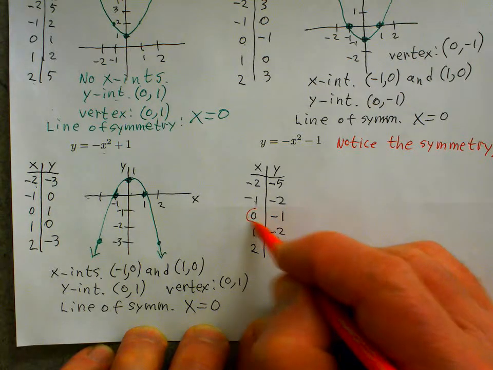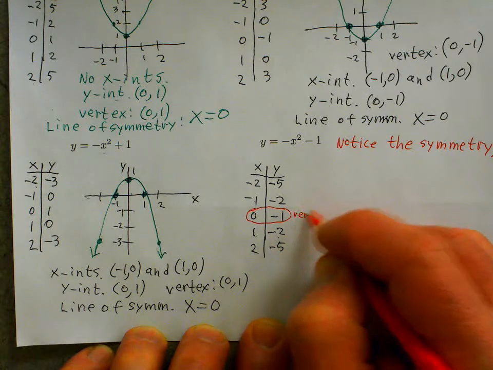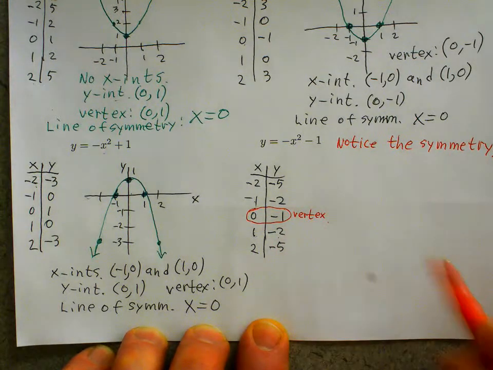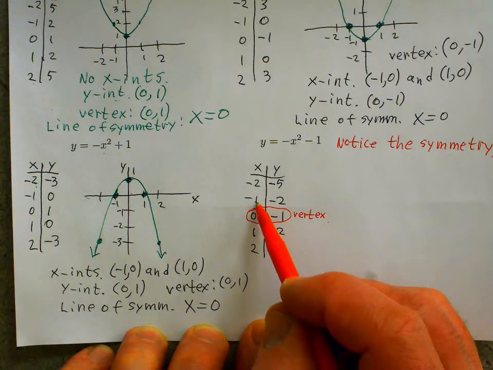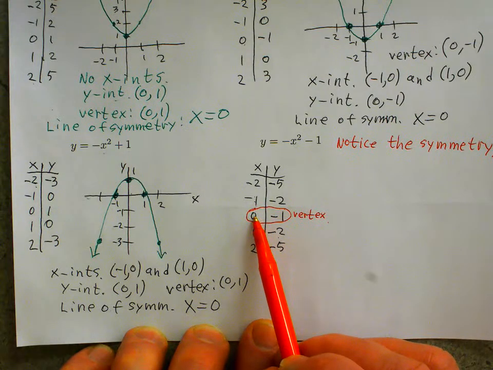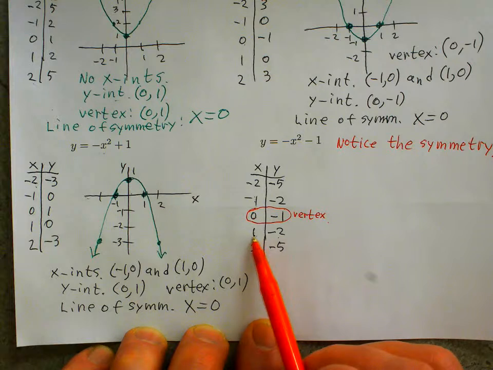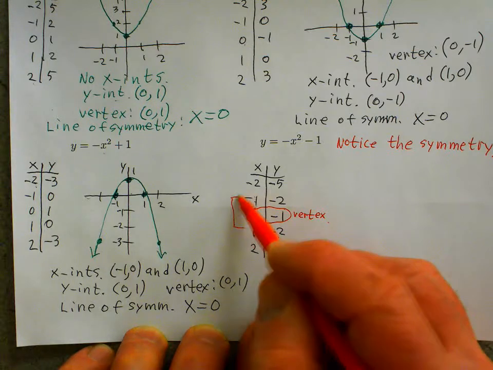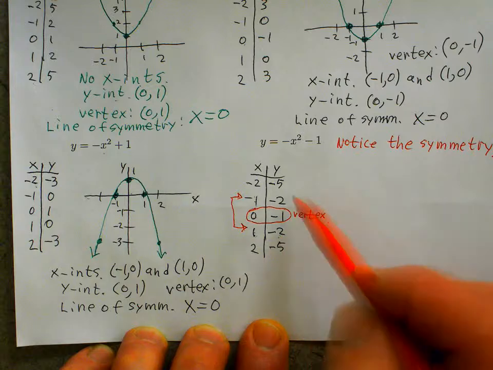So just to reiterate, 0, -1 is the vertex. The x-coordinate that I chose smaller than 0 is 1 unit below 0. The x-coordinate bigger than 0 is 1 unit bigger than 0. So by symmetry, those two y-coordinates should be the same.